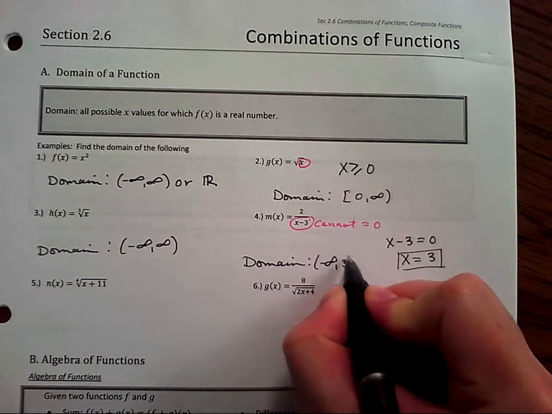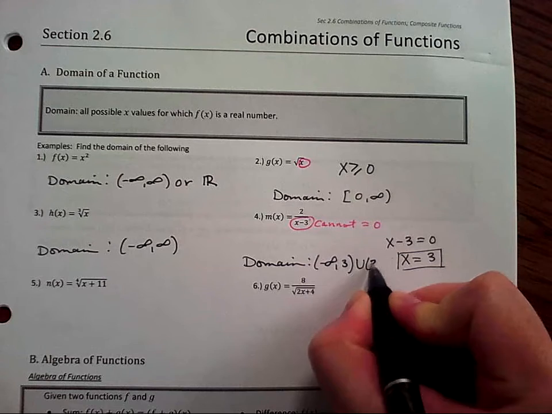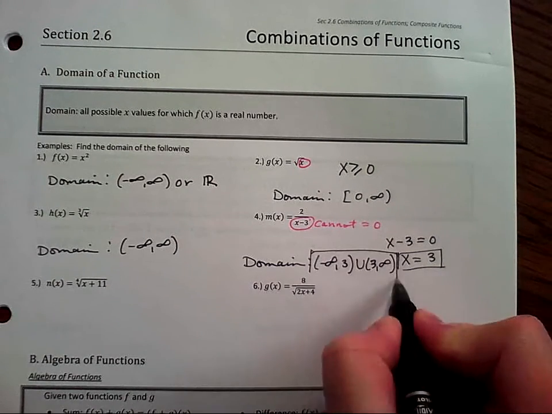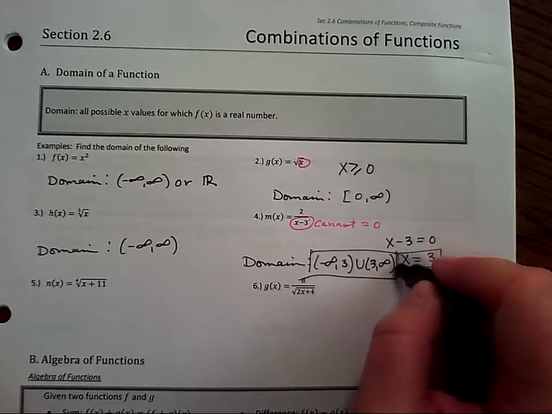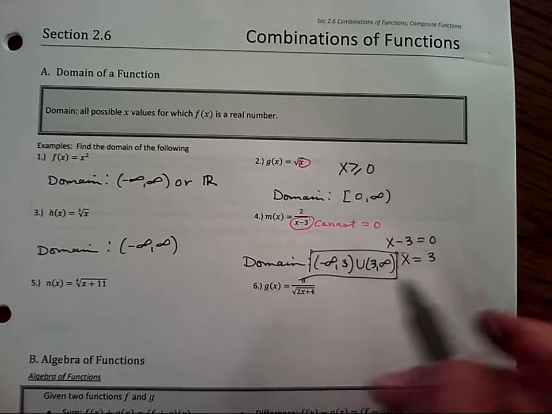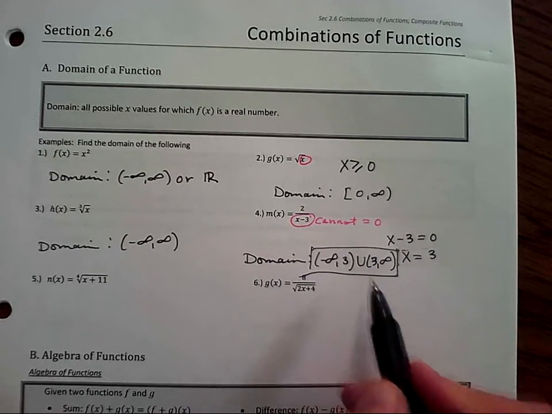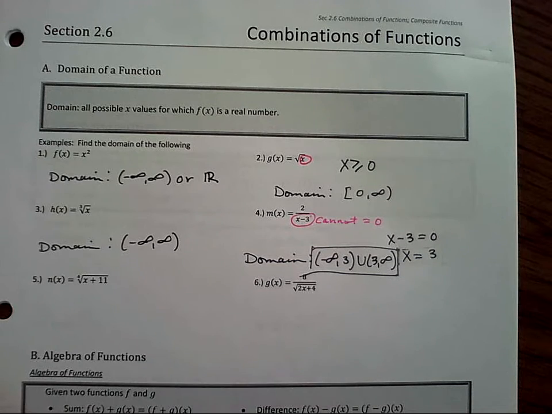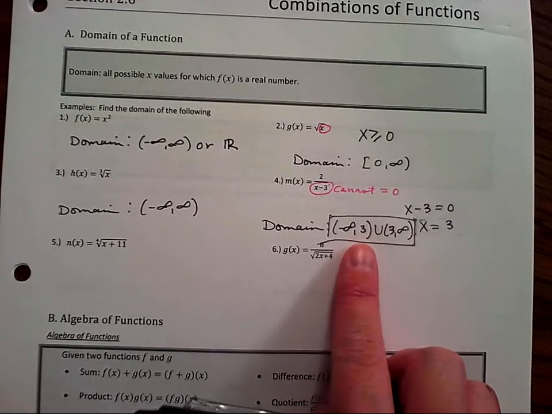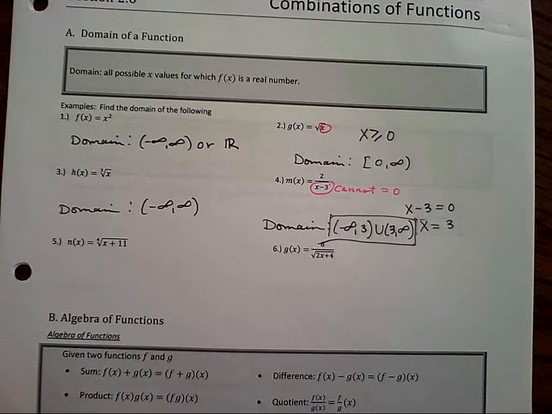Negative infinity to 3, union 3 to infinity. What do you guys think about this? I did soft brackets around 3 because it doesn't include 3, but it includes everything up to 3 on the left and everything past 3 on the right, right? So this is interval notation, which is everything except 3.